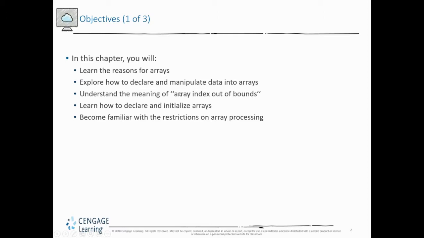But what you have to understand is that the array index out of bounds won't happen as long as you declare your loops correctly, and that you understand that every array needs to be composed of positive index numbers, positive integer numbers, okay? So positive meaning 0 or higher, not -1 or lower. So it has to be 0, and it goes up to, again, the number of values minus 1 is the top value.